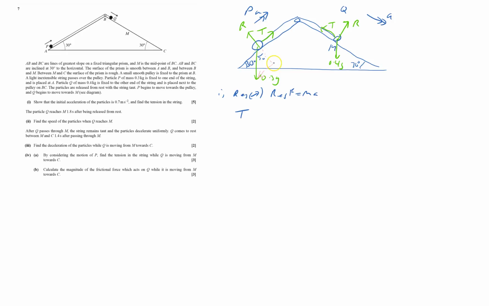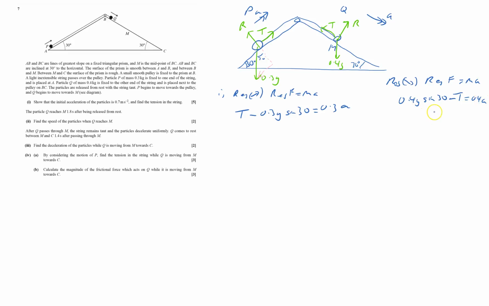So that's T minus 0.3 g sine 30 equals the mass, which is 0.3, times the acceleration. And on this side here, I'm going to resolve down the slope, and again resultant force equals mass times acceleration. And here I get 0.4 g sine 30, take away T, equals 0.4 a.